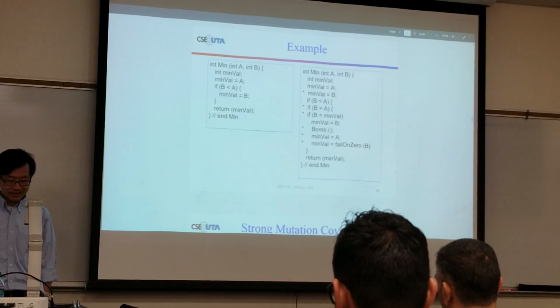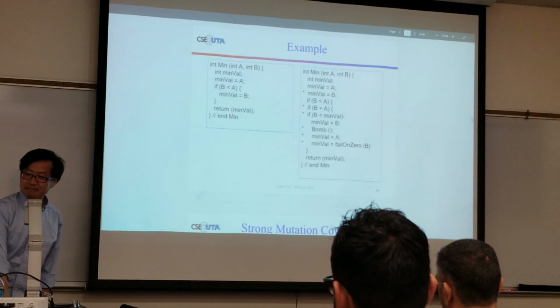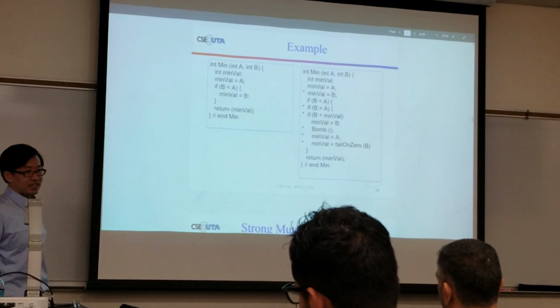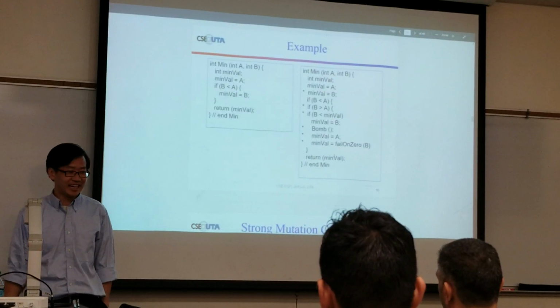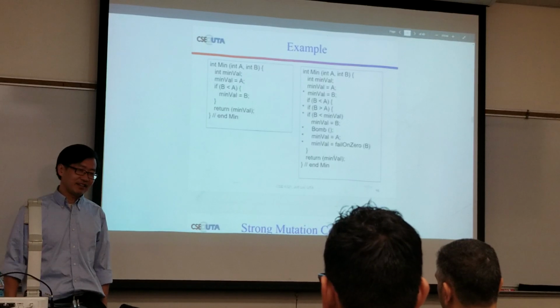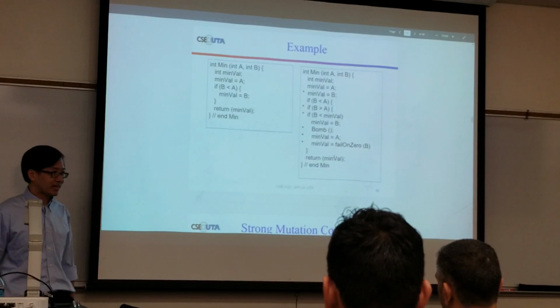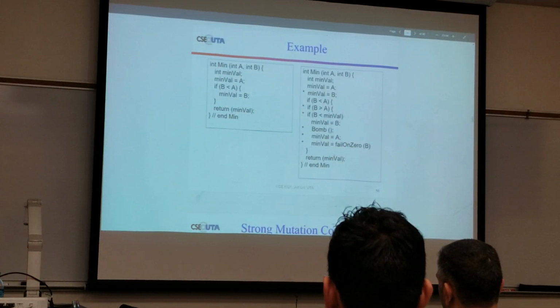I think you could probably think about that. And in our group, we also do some fault localization work, and that is what we observed as well. Those single line bugs are more difficult to detect than when we have multiple bugs.